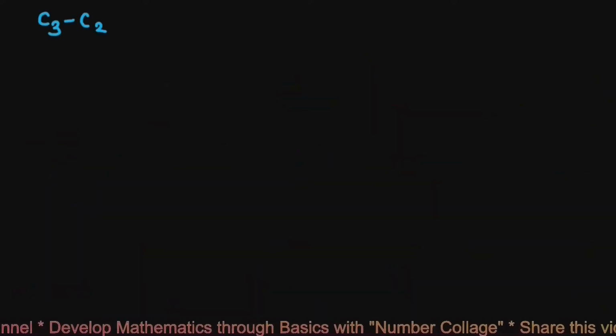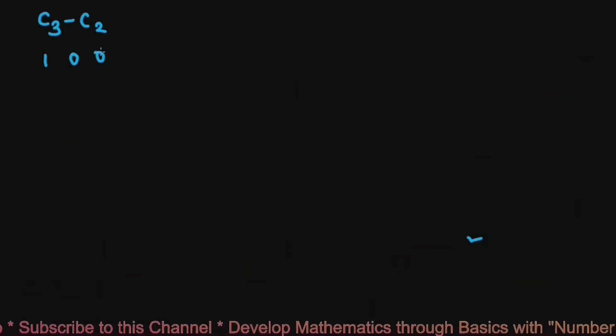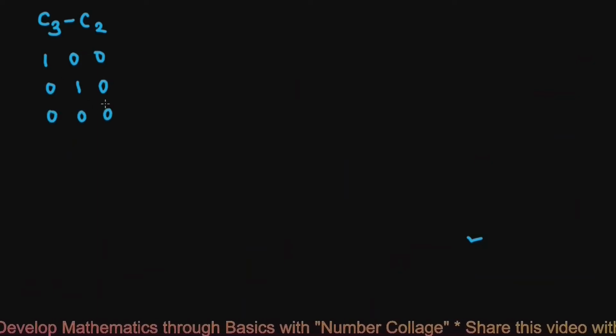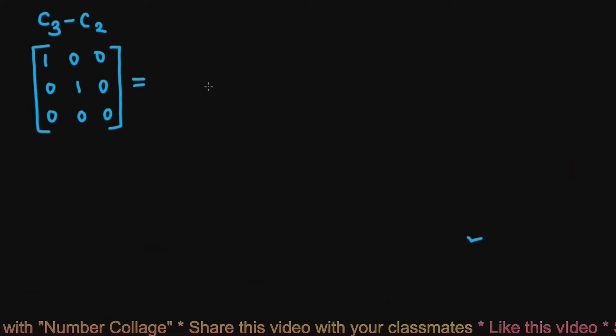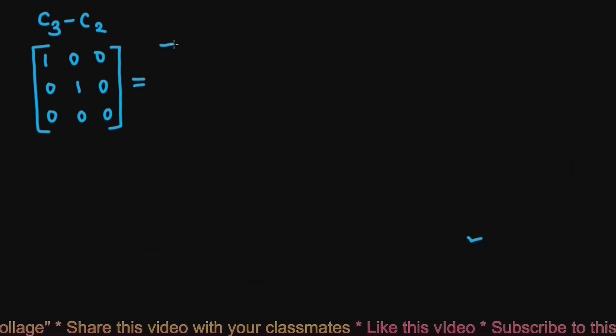So we will perform C3 minus C2, that will give us this equivalent matrix A as 1 0 0 0 1 0 0 0 0 equals, since we are performing column transformation, the prefactor will remain the same.